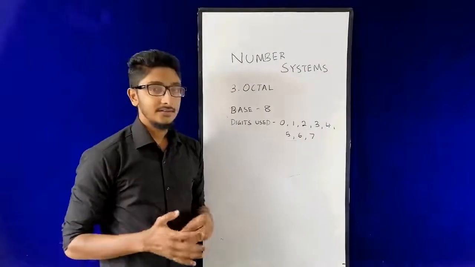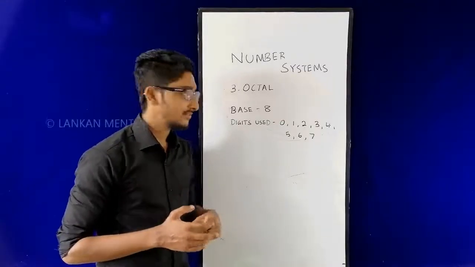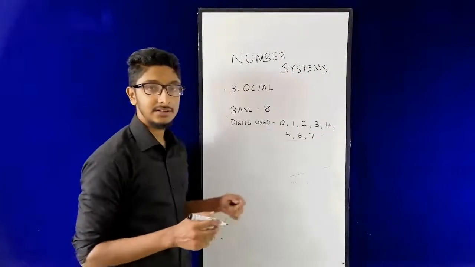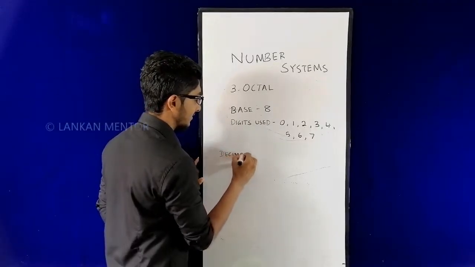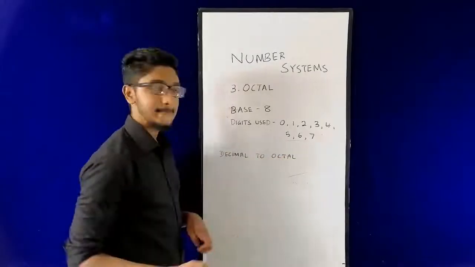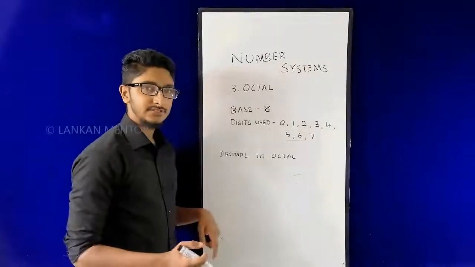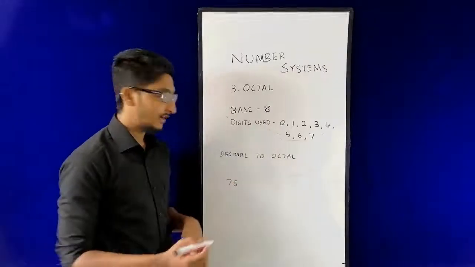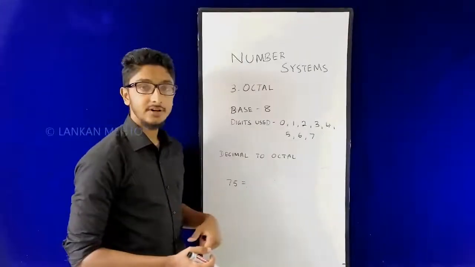Now, again, like the previous number system, like binary, we'll convert a decimal number into octal number system. Decimal to octal. Right? I'll just choose a number. Let's say 75. 75 we are going to change into octal, right?